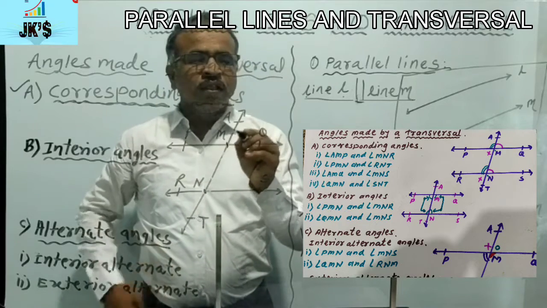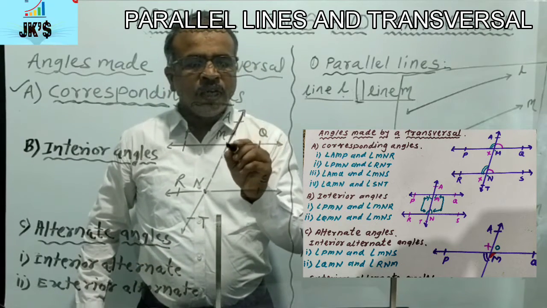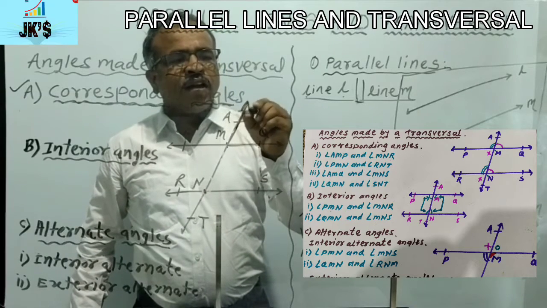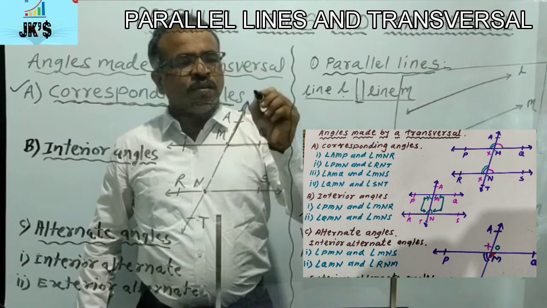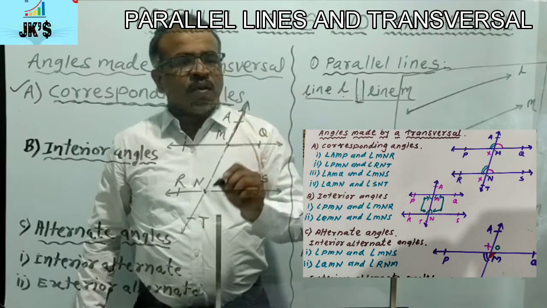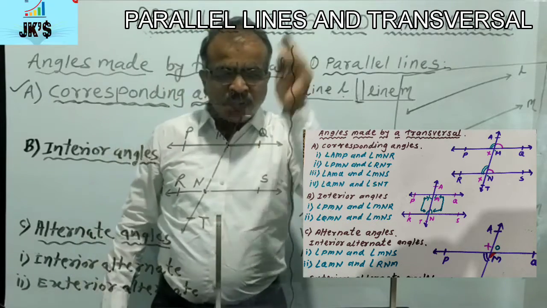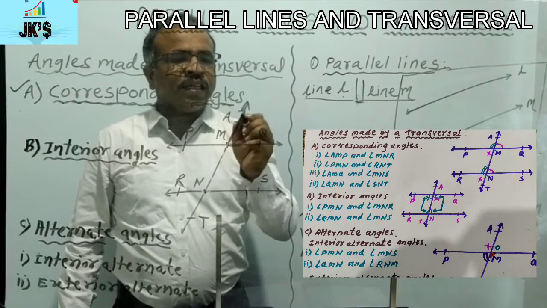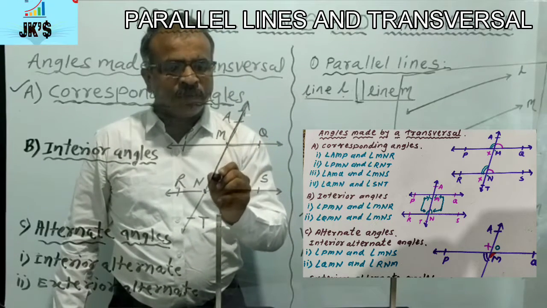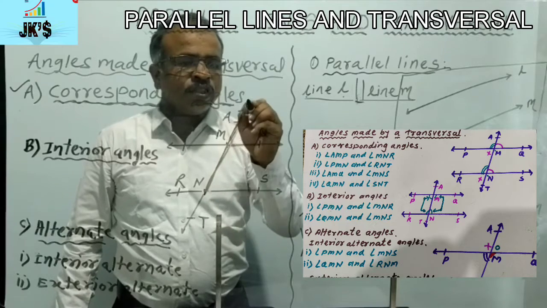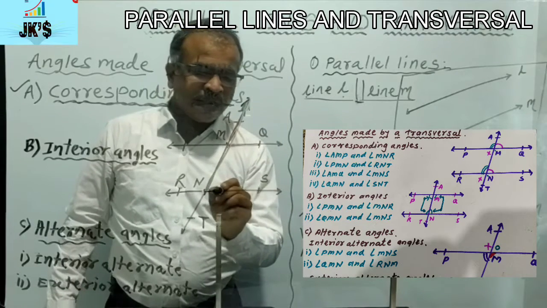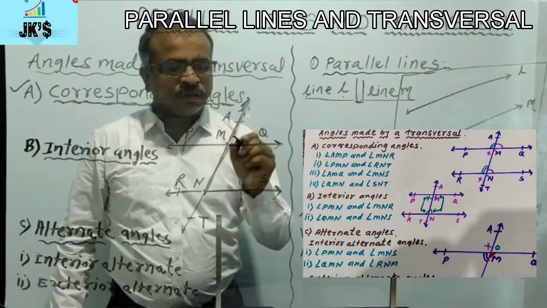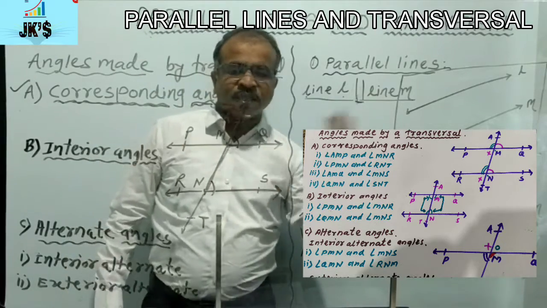We have to consider this angle AMQ. The arm of this angle on the transversal is AM. Similarly, another angle whose arm on the transversal is in the same direction. This is the same direction. So the other arms of the angles are on the same side.